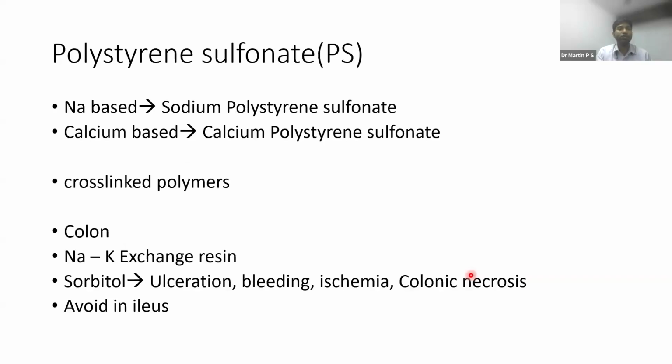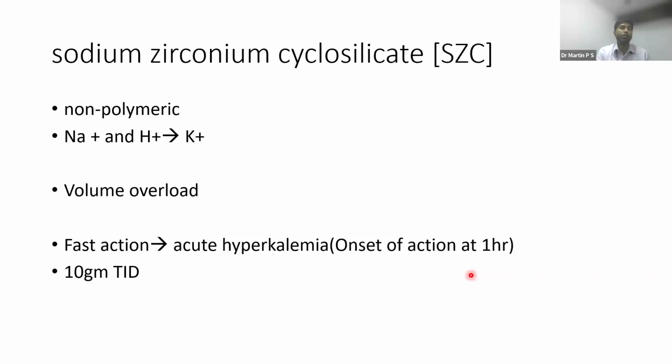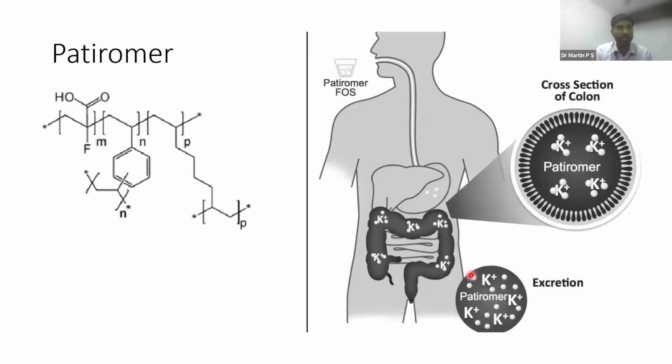Then different types of resins are available, but the newer ones are more attracting attention. Sodium zirconium cyclosilicate is an oral non-polymeric formulation, but the problem with it is because it exchanges potassium with sodium, the chance of volume overload is always high. Similarly, patiromer is also coming up in a big way.